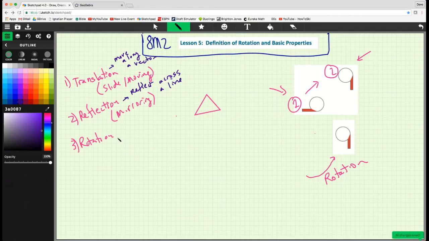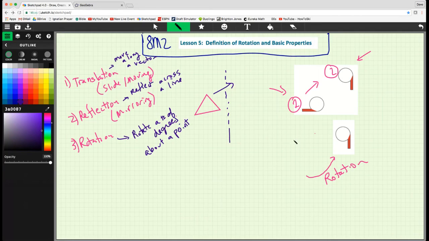When we rotate, we rotate a number of degrees about a point, right? So translating, we use vectors to translate. This is a vector. Reflection, we can reflect an object along a mirror or a line.